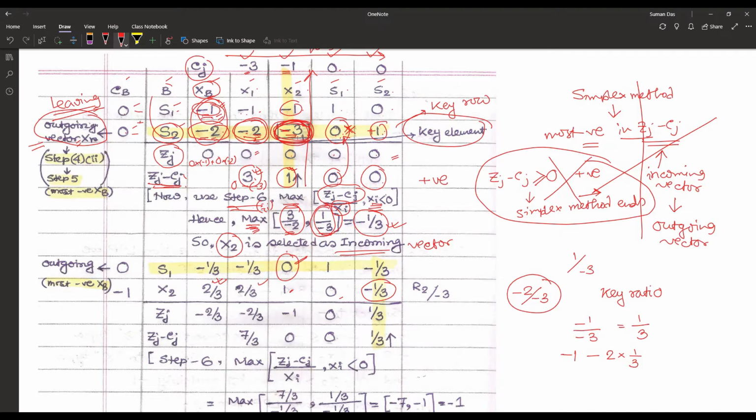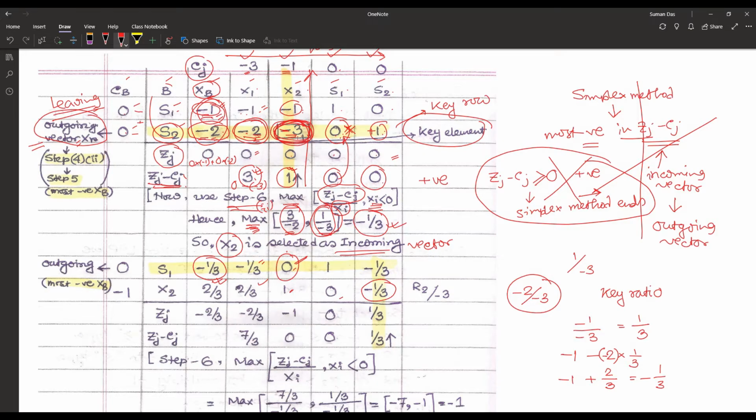Sorry, that must be minus 1 minus of minus 2. There was minus 2, so that is minus 1 plus 2 by 3. So the result is minus 1 by 3. For the next one, the same thing, minus 1 and minus 2 there, so that is minus 1 by 3.